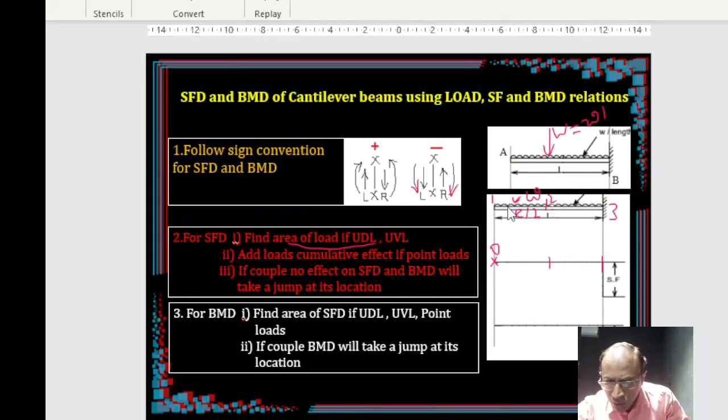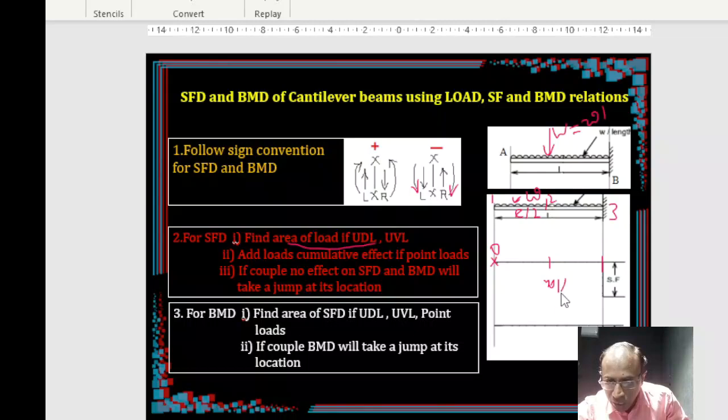And this loading is in the downward direction. When we are moving from left to right, you are on the left side of the section. When you are on the left side of the section, downward forces are negative, as we told. So you put the ordinate on the negative side, that is minus WL by 2.